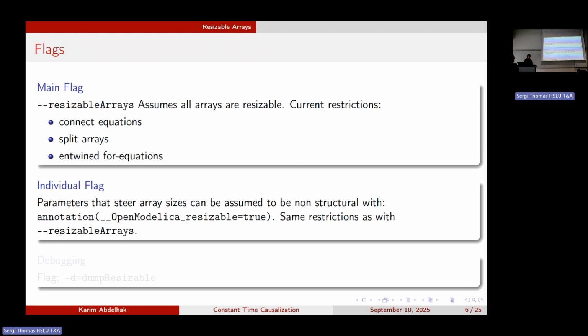This is quite similar to the Daimler flag, but different to that flag, we put it on the parameters steering sizes instead of the arrays which are being resized. I will go into detail why that is. I hope we get to a standard, of course, here. There's a debug flag if you want to use it. So all of this is in the master, but it's a proof of concept, of course, and there is still work to do.